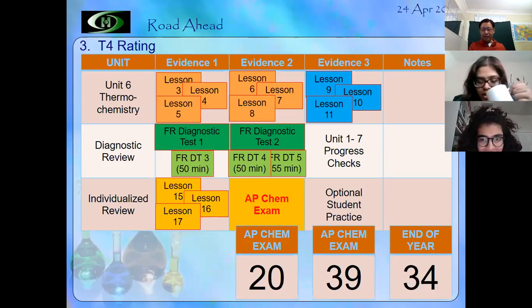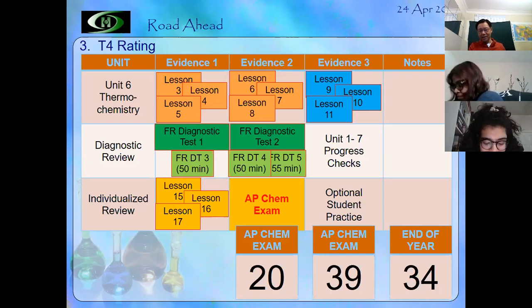Hopefully that should ease your stress, because sometimes when you see a grade like a 60 or a 70, you start stressing out because you don't know what the cutoff is. So it's no longer about numerical grade. It's about have you shown me enough evidence to say that you've at least met the minimum standards for a particular concept.